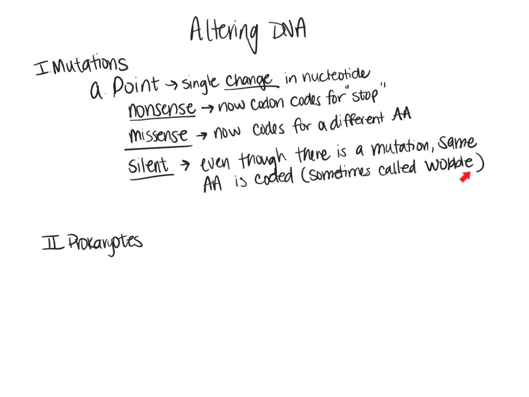So wobble is when the last letter of the codon can be changed without affecting the amino acid itself. So there's some redundancy, there's some repeats of what these codons code for. In case there's a mutation, then you shouldn't have that devastating of an effect if it's on the last letter of the codon.